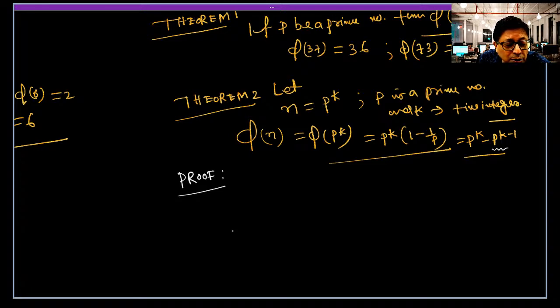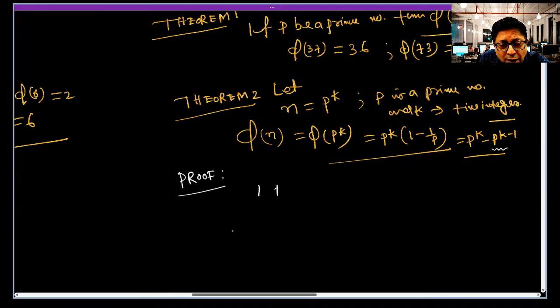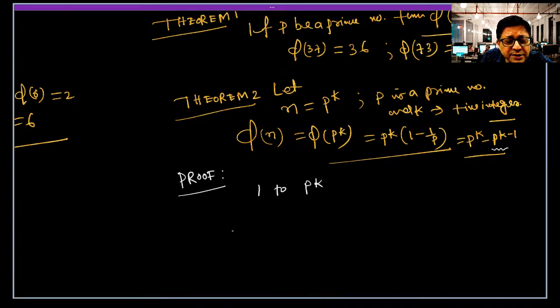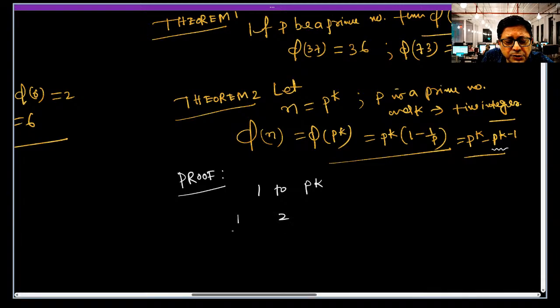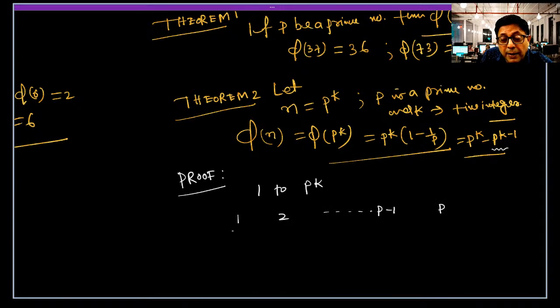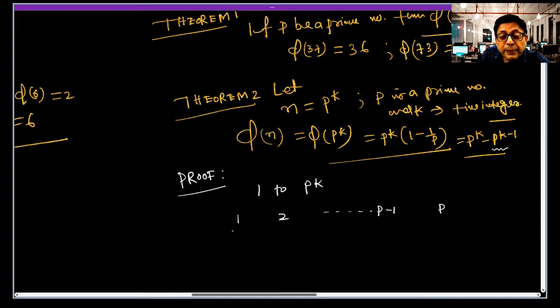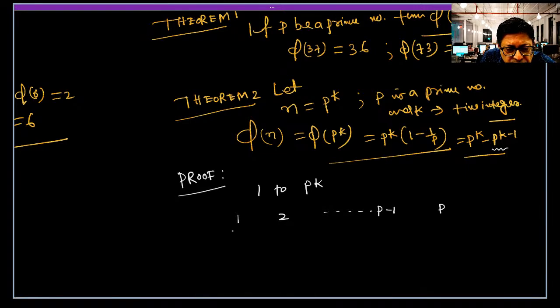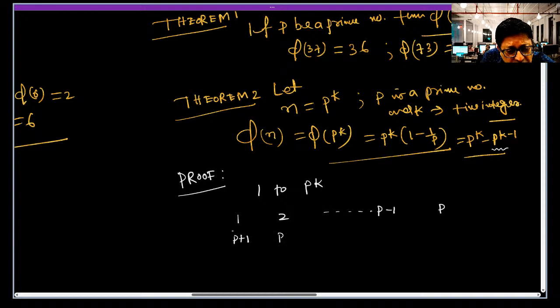I will be writing all the numbers from 1 to p^k in this particular manner: 1 to p minus 1, and the last one is p. I am writing p numbers in every row. So the next one starts with p plus 1, p plus 2, up to p plus p minus 1, and this is p plus p, which means 2p.